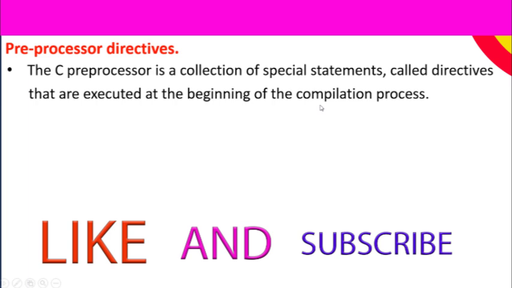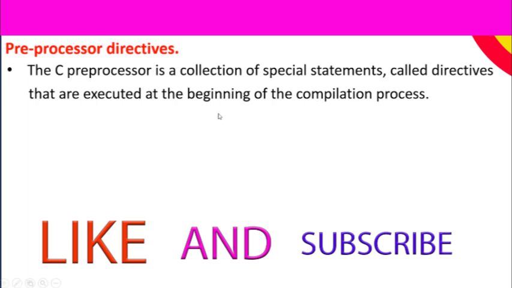What is compilation? Compilation is the act of translating a program written by a programmer into a level that the machine can understand clearly. And that process is called compilation.